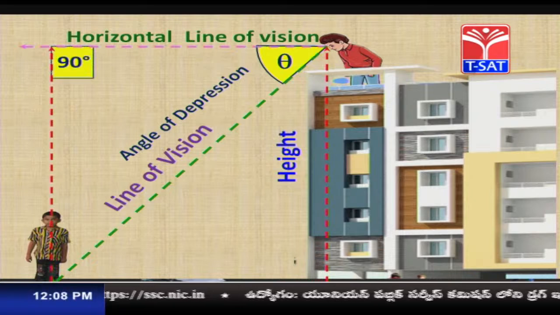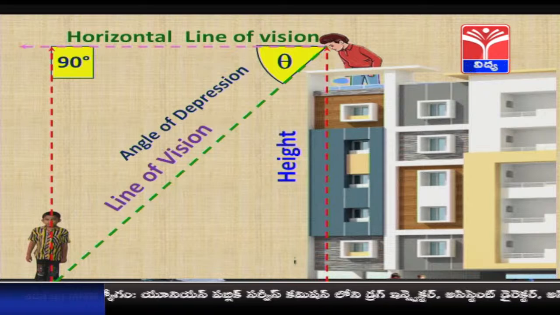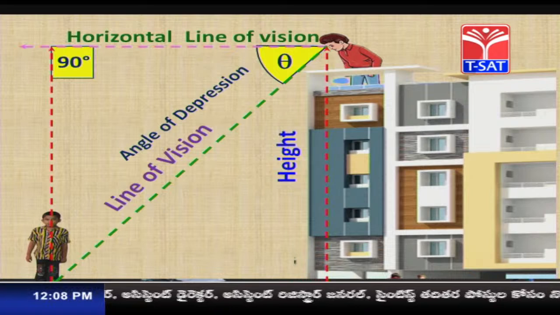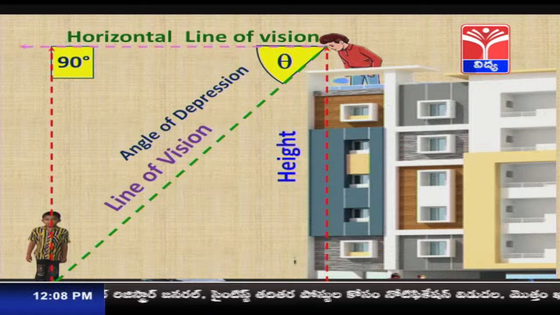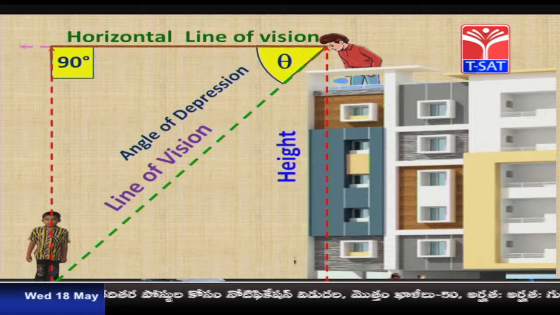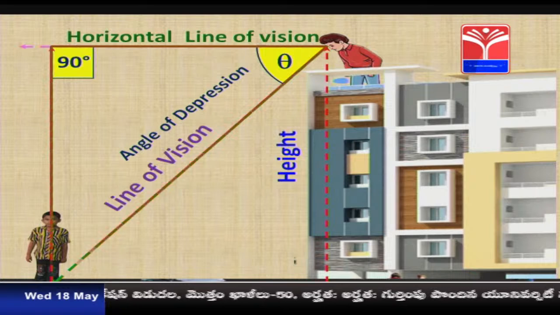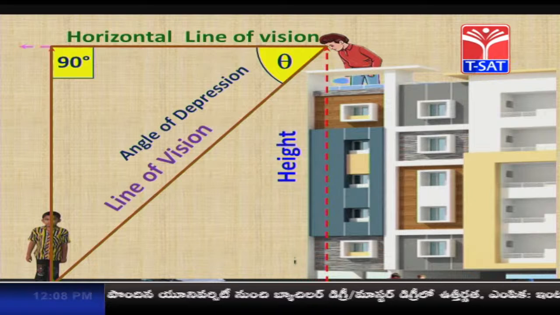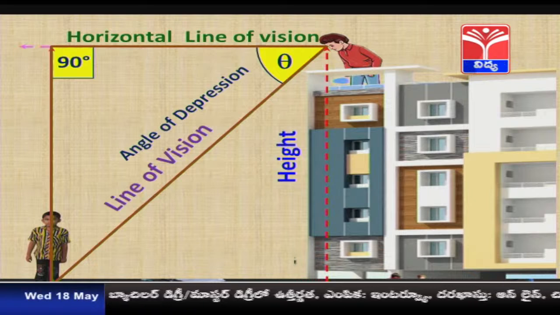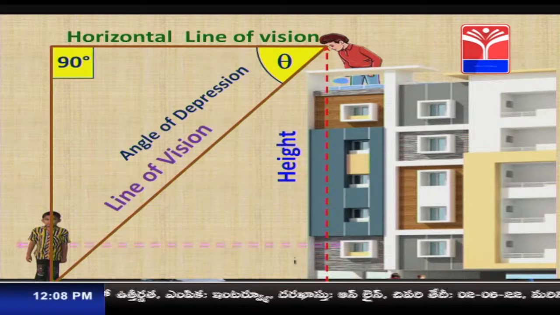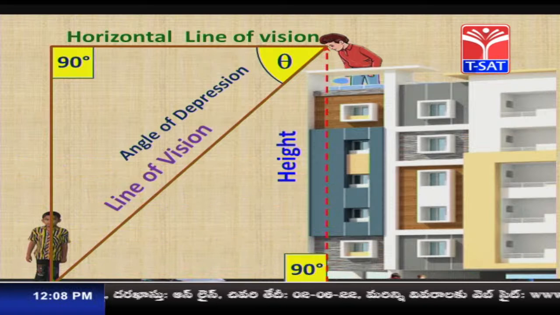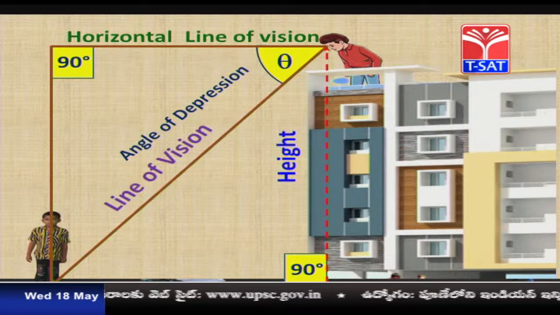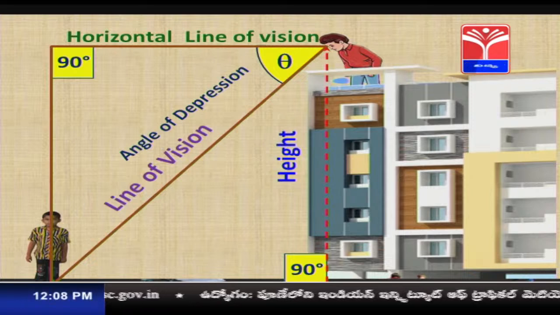The horizontal line of vision and the vertical line are perpendicular to each other, so it is 90 degrees, and hence it forms a right triangle. So, we can say that the horizontal line of vision is always parallel to the ground. Here also both the height and the horizontal are perpendicular to each other, so we call it 90 degrees.